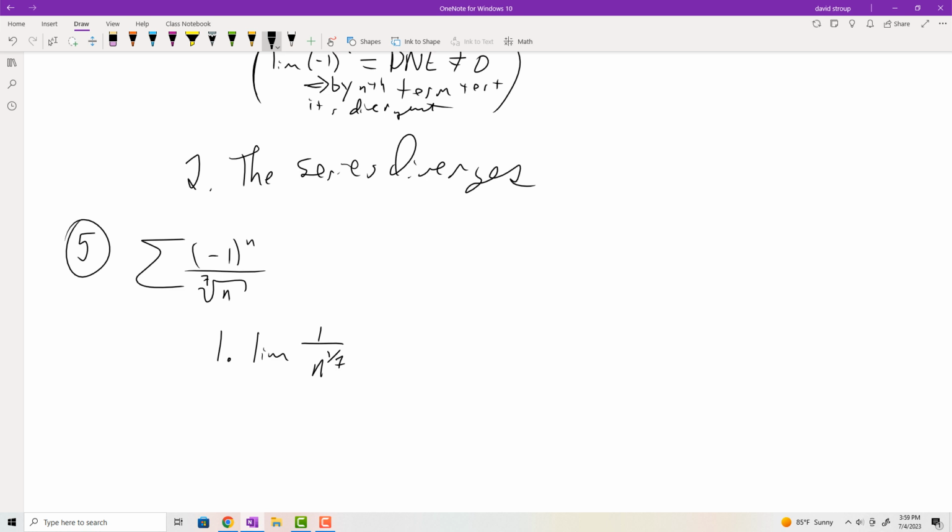So I'm looking at the limit. Again, you just look at a sub n. You don't include the negative 1. And then, of course, this is 1 over infinity, so that'll be 0. So we're good there. And then I'm going to do a ratio test again. So 1 all over the 7th root of n plus 1, so I'll just write 1/7, divided by 1 all over n to the 1/7. Do reciprocals.